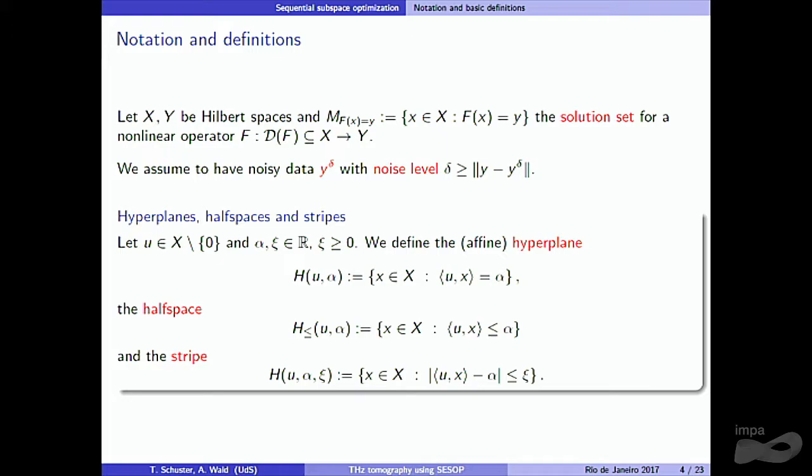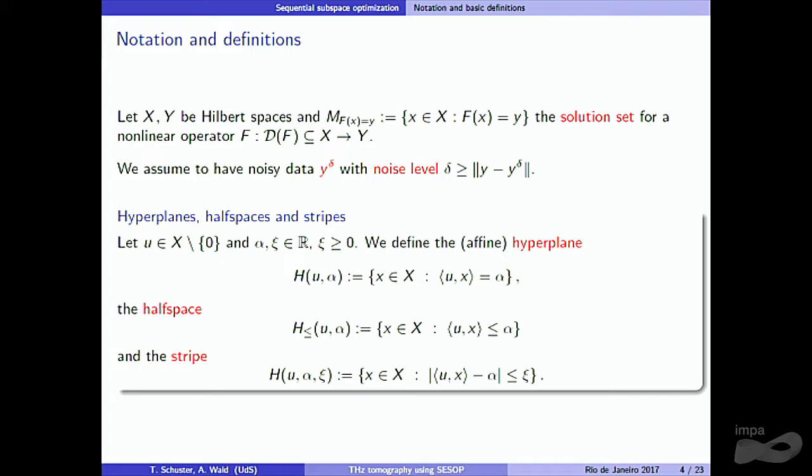So if you have a vector u from X, which is not equal to 0, and two real numbers alpha and xi, where xi is non-negative, then of course we can define an affine hyperplane by this set, where u is a sort of normal vector.